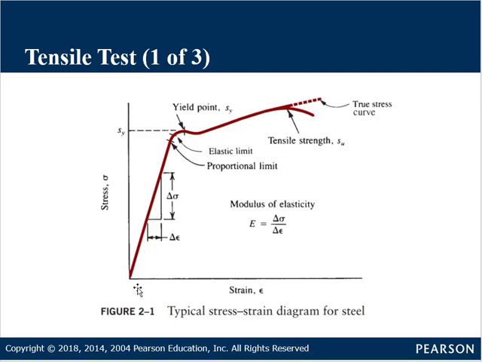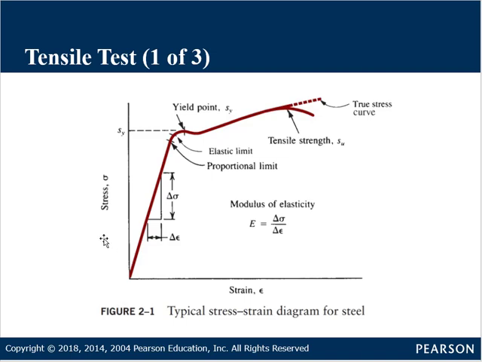The slope of that straight line is the modulus of elasticity, which is essentially the stiffness of the material. The material is going to give when you apply a load to it. That give, that deformation, as long as it's below the yield strength, is elastic deformation. Elastic deformation is not permanent. When you remove the load, it comes right back.